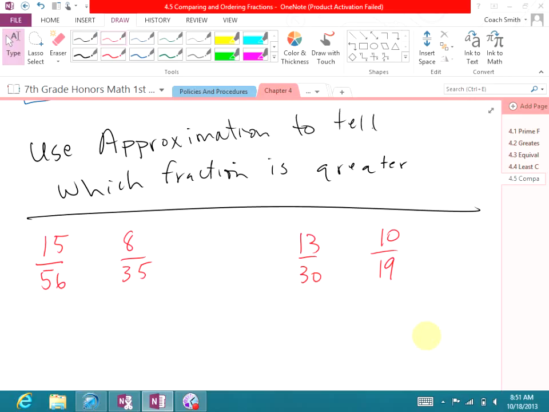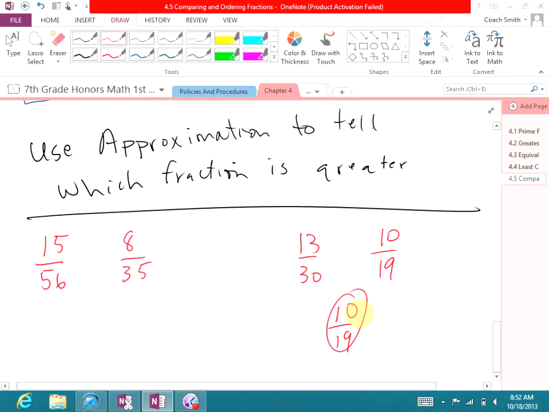Now, over here, what is half of 20? 10. So if 10 is half of 20, 10 over 19 would have to be more than a half. So obviously, which would be the larger fraction? 10 over 19. So you'd write 10 over 19 is the larger fraction.